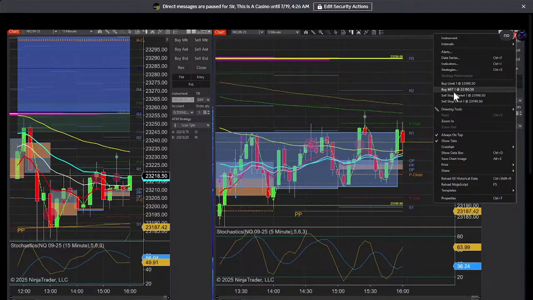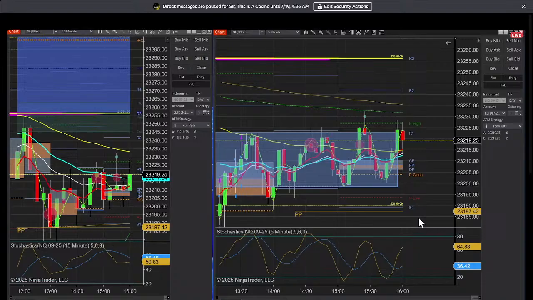Market if touched. Well, duh, it touched it. Same as the limit. I don't understand it. Okay, good.